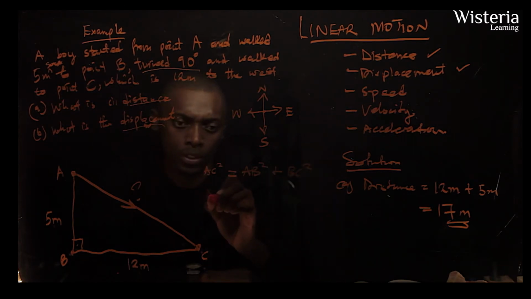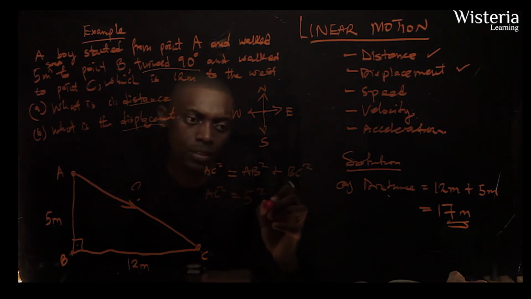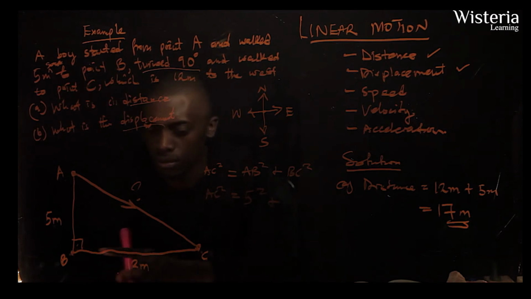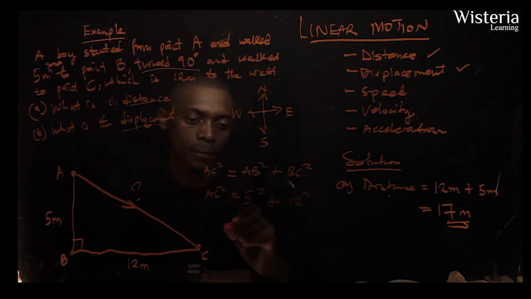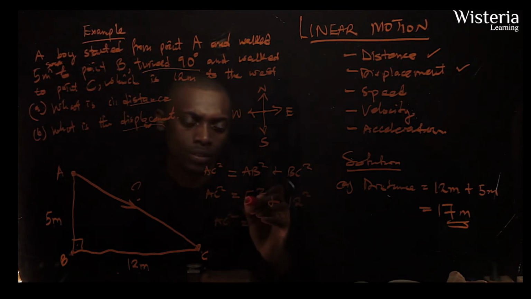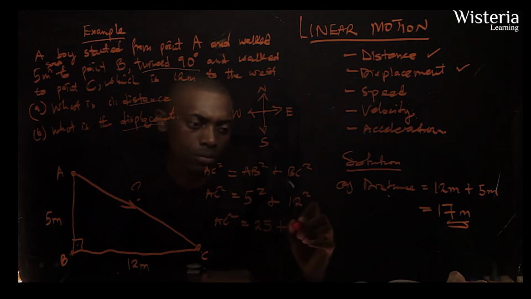So substituting in the values, AB is 5, so it's 5 squared, and our BC is 12, so BC is 12 squared. And AC squared is 25, rather 5 times 5, which is 25. And then we have 12 squared, which is 12 times 12, which is 144.